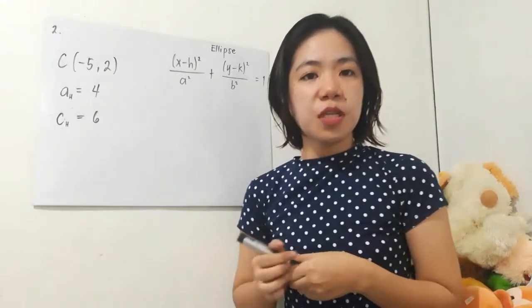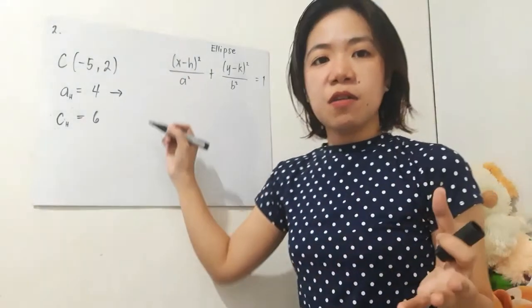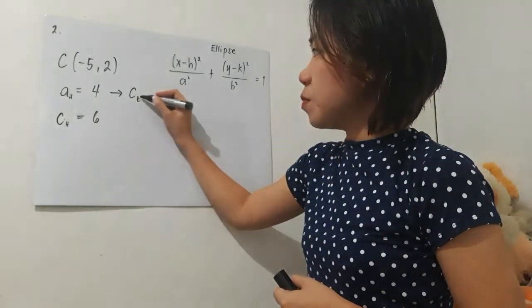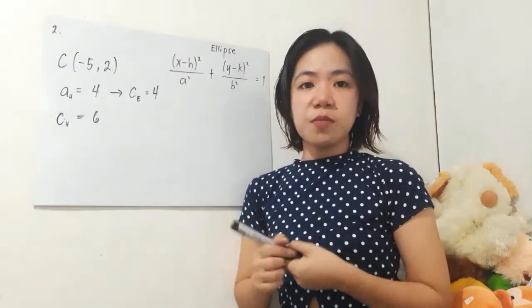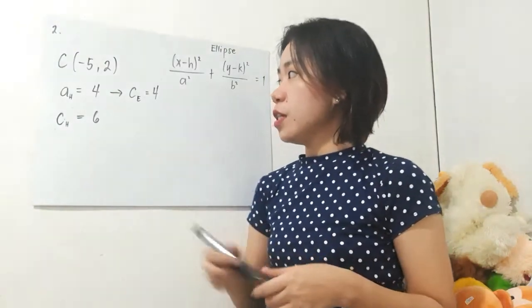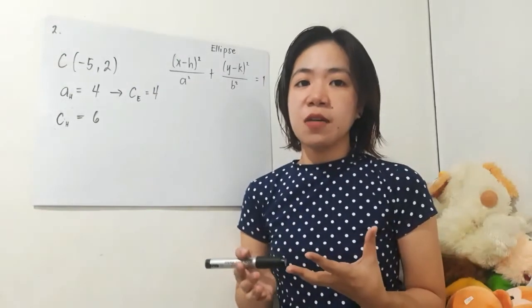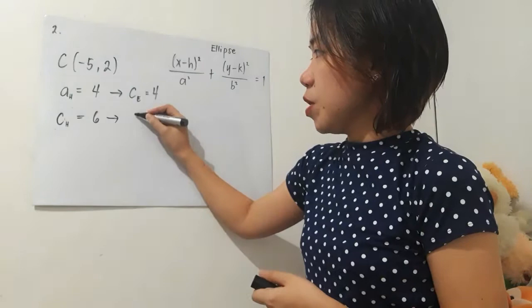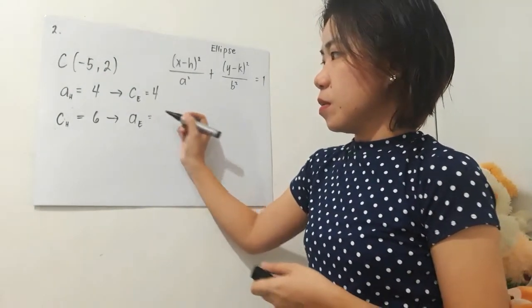So based on the problem, this becomes the value of c for the ellipse. Because according to the problem, the vertices of the hyperbola are actually the foci of the ellipse. So c becomes a. Okay?